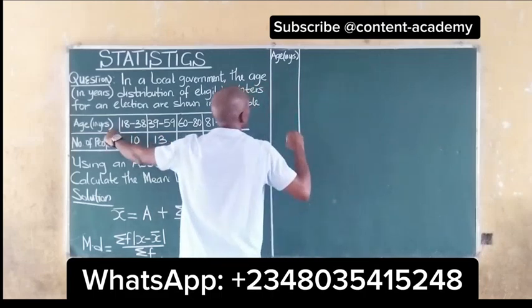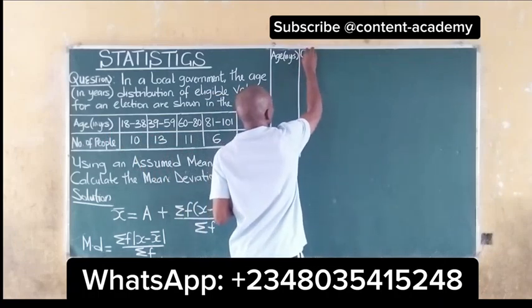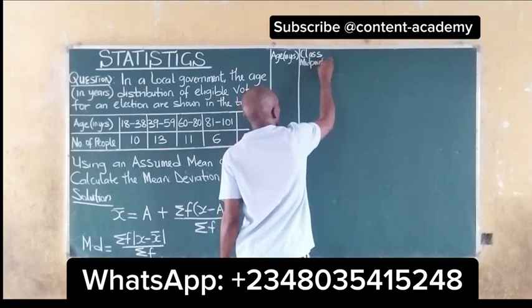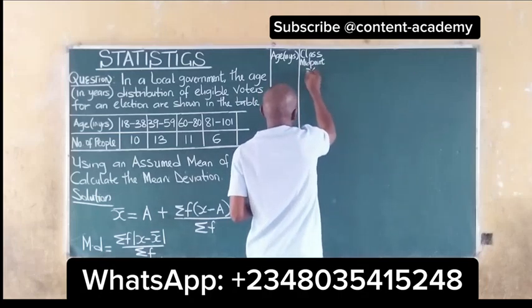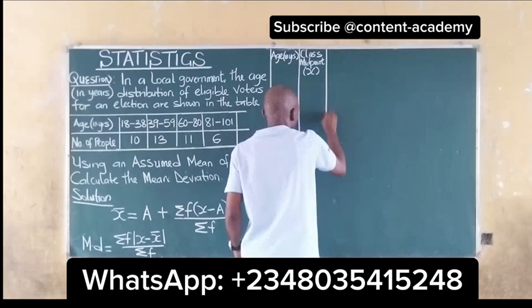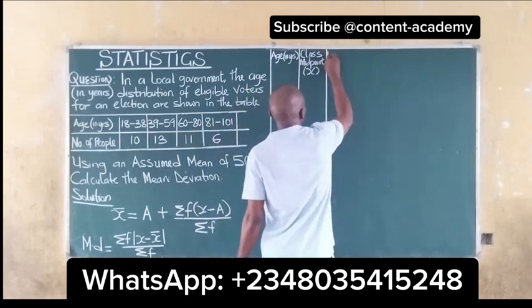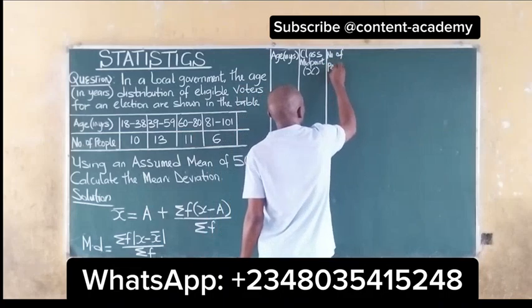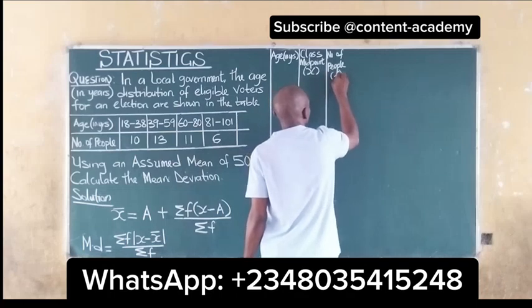Since we have age in years, we'll also put our class midpoint, which is x. Then we have the number of people, which is our f value.